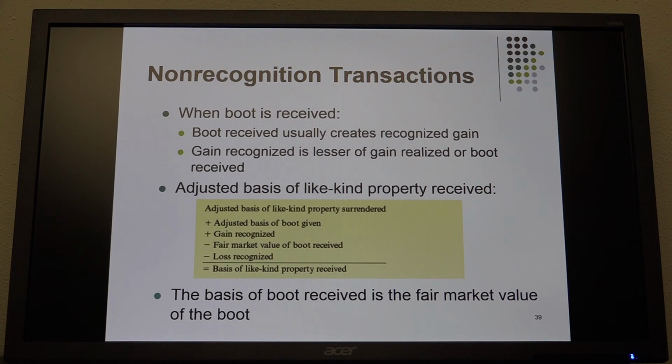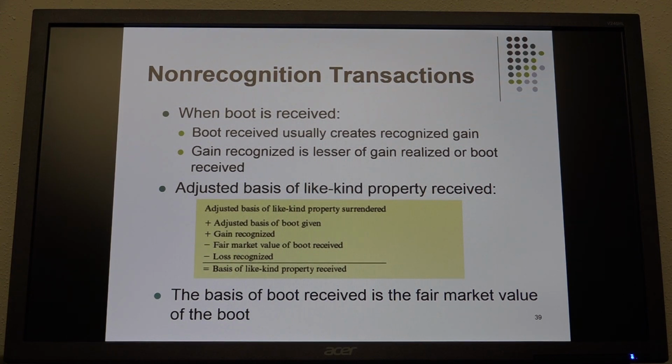So that's a zero. Gain recognized, 50,000. And then here in my example, minus fair market value of boot received, 50,000. So the adjusted basis of this like-kind property received is $200,000. Note that the basis of boot received is the fair market value of the boot.